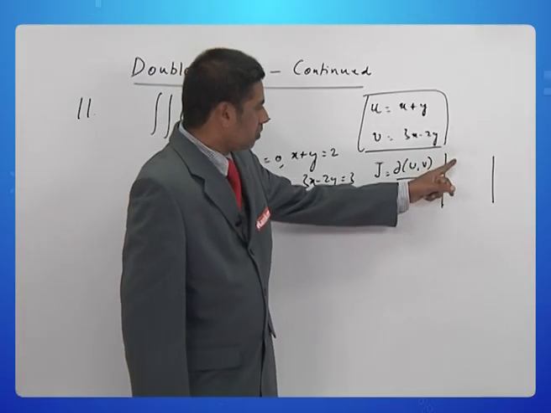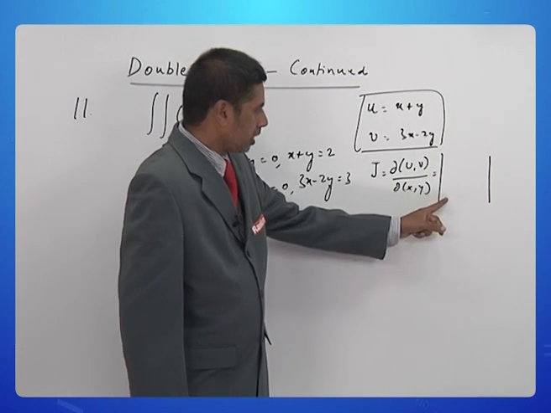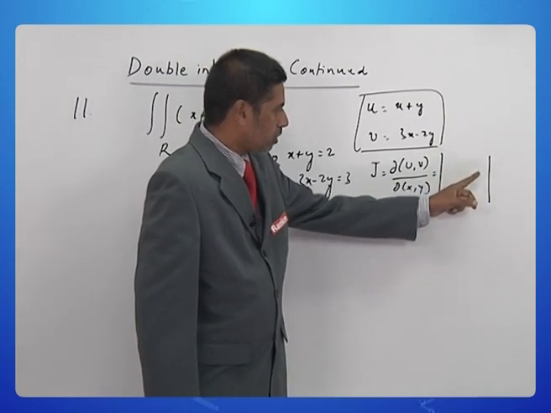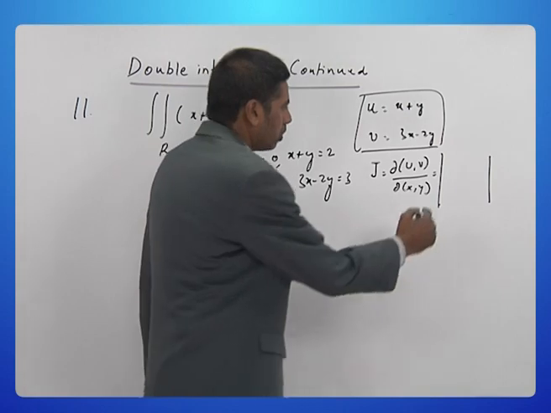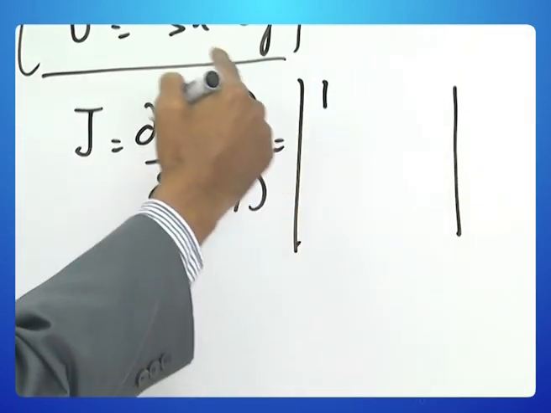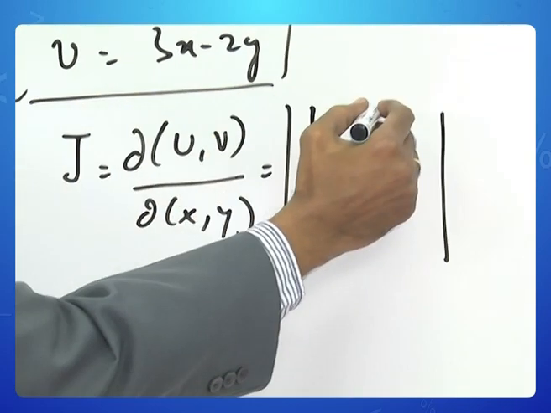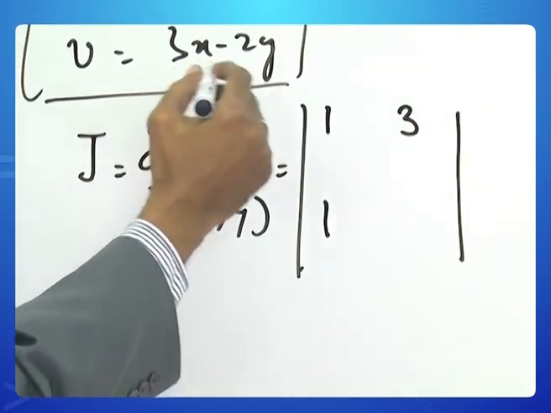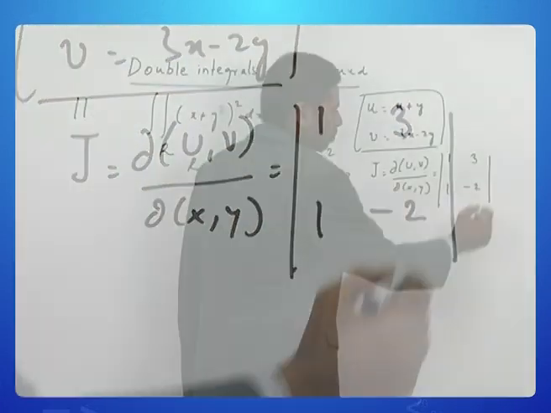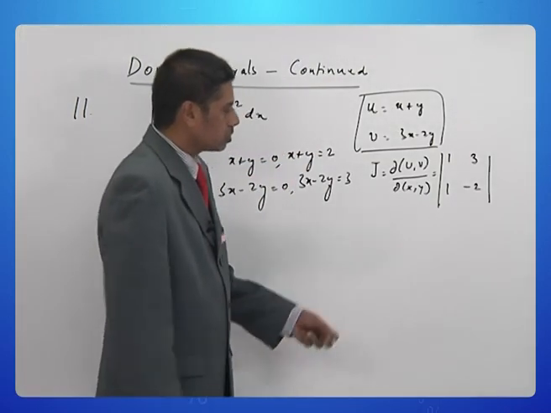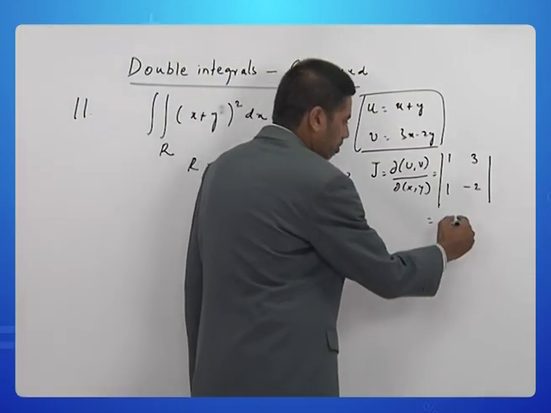In the first column, we will have dou u by dou x, dou u by dou y. In the second column, we will have dou v by dou x, dou v by dou y. Accordingly, we will have dou u by dou x is 1, dou u by dou y is 1, dou v by dou x is 3 and dou v by dou y is minus 2. The expansion of this will give us minus 5.